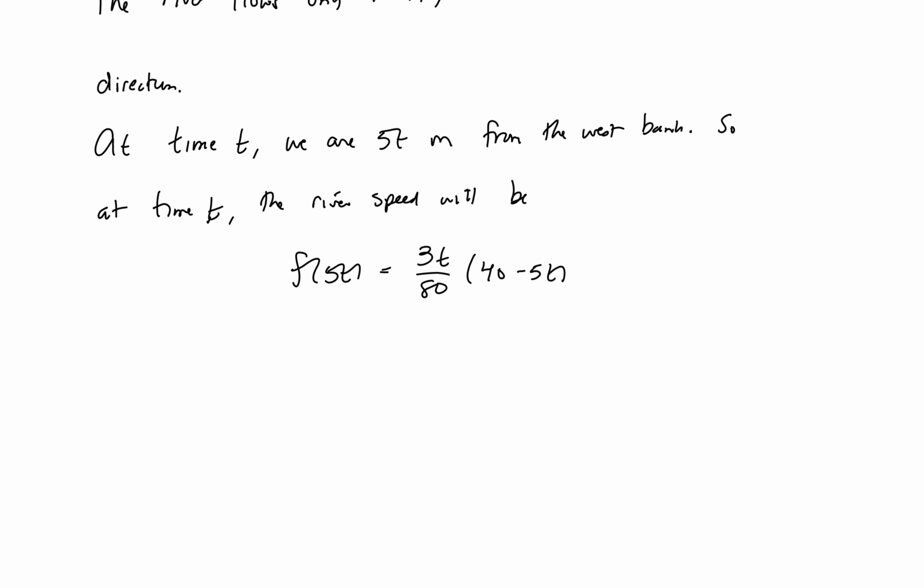So then our velocity overall, we have to combine these two. I've got the boat speed for my first component, and then for the river speed, if we simplify this, this becomes 3/2 t minus 3/16 t squared. So that's completely in the j direction.